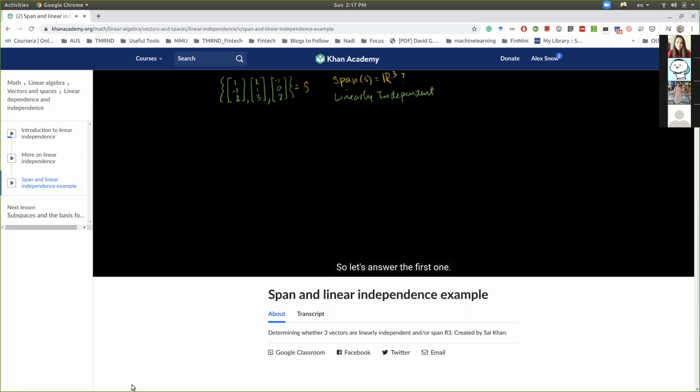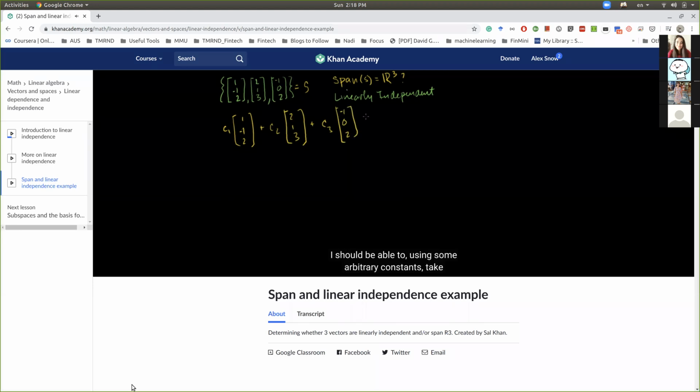So let's answer the first one. Do they span R3? To span R3, that means some linear combination of these three vectors should be able to construct any vector in R3. So let me give you a linear combination of these vectors. I could have C1 times the first vector, 1, minus 1, 2, plus some other arbitrary constant C2, some scalar, times the second vector, 2, 1, 3, plus some third scaling factor times the third vector, minus 1, 0, 2.